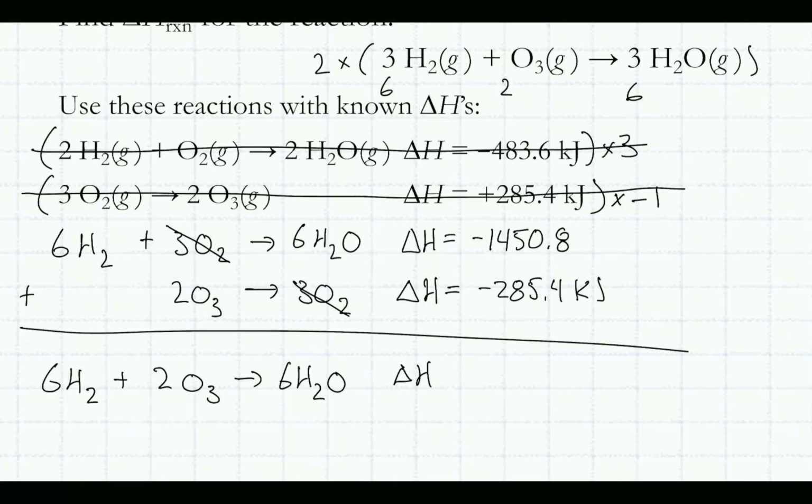Make sure you include negative signs. This will be negative 1450.8 plus negative 285.4. So as we did it, this is going to be negative 1,736.2 kilojoules.